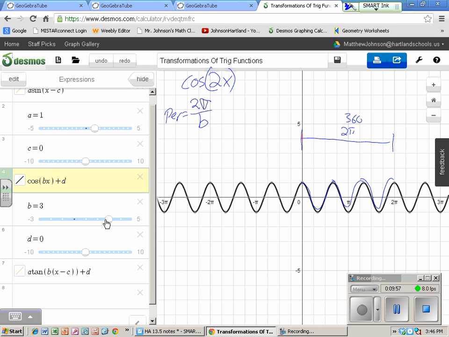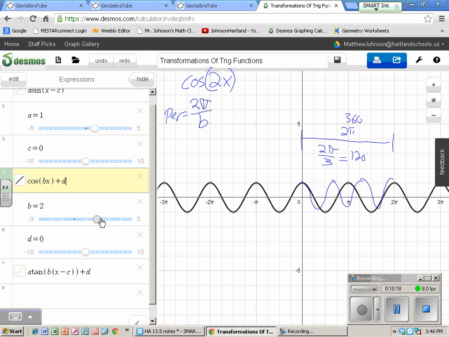So we've cut the period down to 2 pi over 3, or 120 degrees. So every 120 degrees, this graph is repeating itself. That's the idea of what that value of b does in the equation. It's changing the period by 2 pi divided by the value of b.